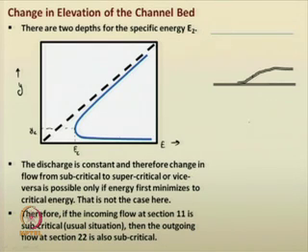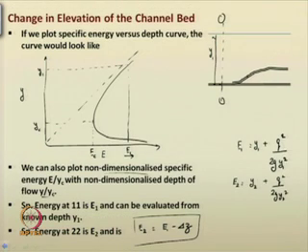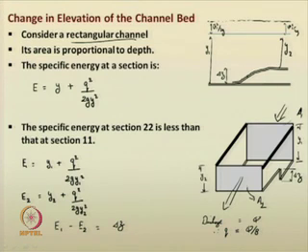Say this is a rectangular channel of width b. You can see in the previous case also, the width is the same at the upstream as well as the downstream section, so only the depth of flow is getting changed.